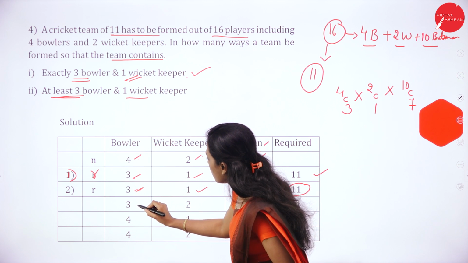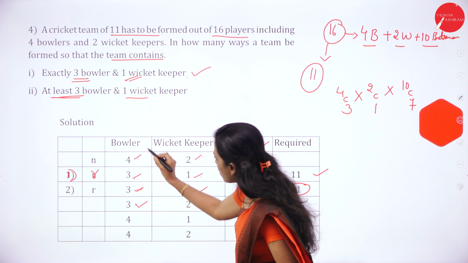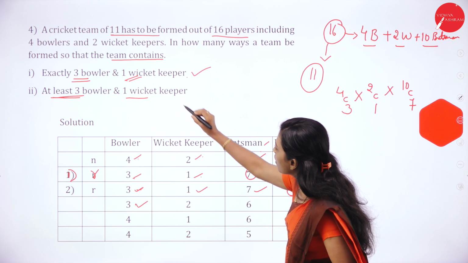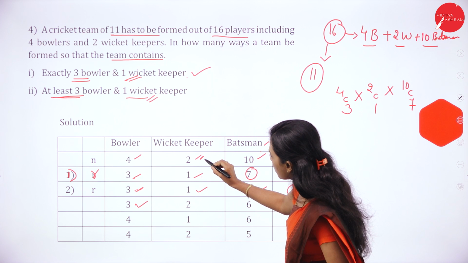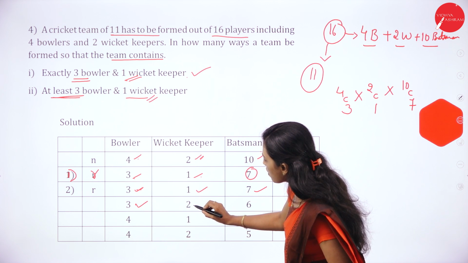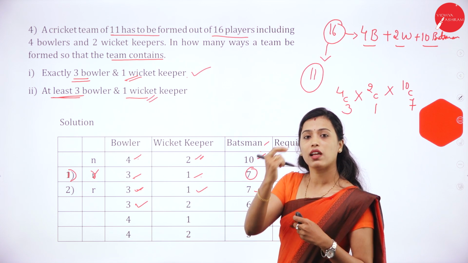So we can arrange them in different ways. At least 3 bowlers and at least 1 wicket keeper: there are 2 wicket keepers. We have taken 1, then at maximum it will be 2.